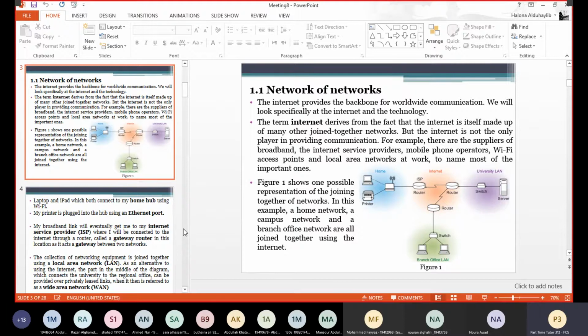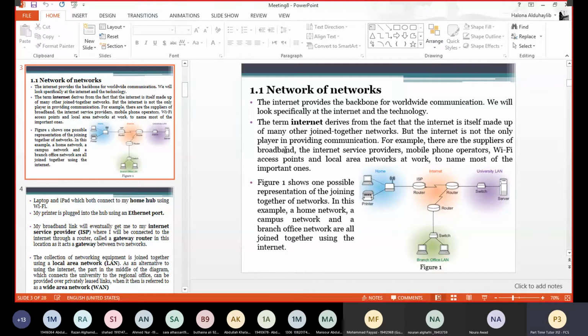But the internet is not the only player in providing communication, because there are also other servers that have the data. It's not only the wires, but we also need to share the data, the files, the pictures. We need to send messages. We need to receive some messages. So all this is inside the communication process.